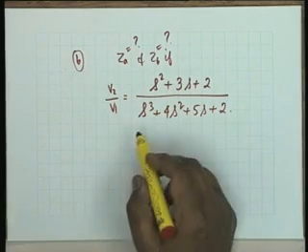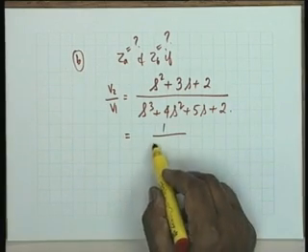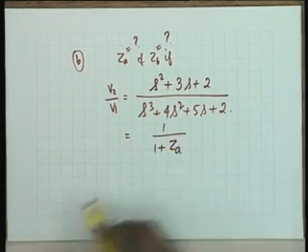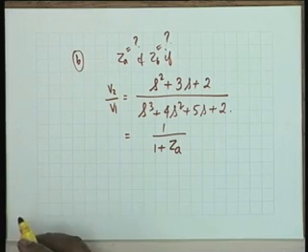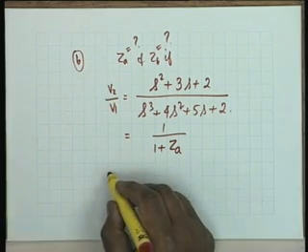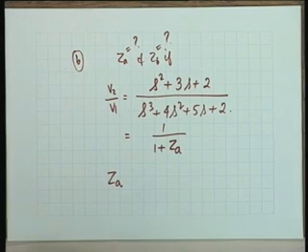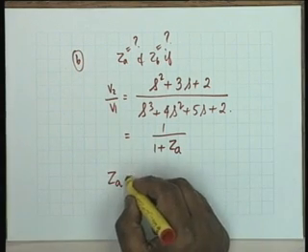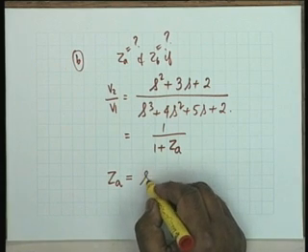Alright, all that you have to do is to equate this to 1 by 1 plus ZA, and then find out ZA. If you do carry out the algebra, very surprisingly ZA turns out to be equal to S.